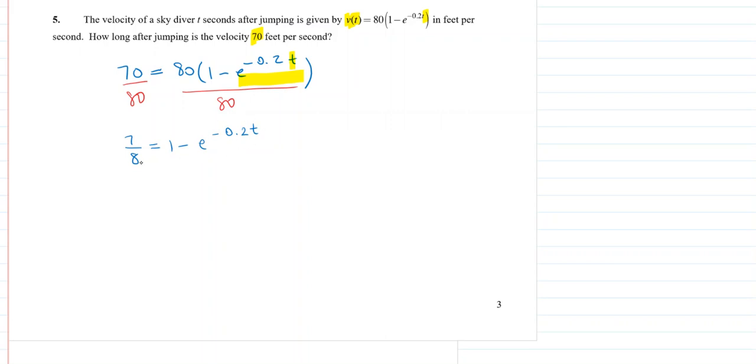You can subtract 1 from both sides. 7/8 minus 1 gives you negative 1 over 8. And I have to get rid of this negative. I'll multiply both sides by a negative. Why don't I just change it right here? These both become plus. So I'll just get rid of that.